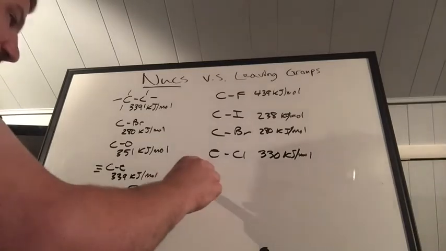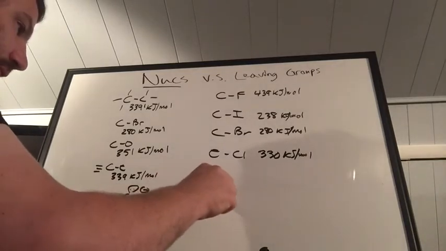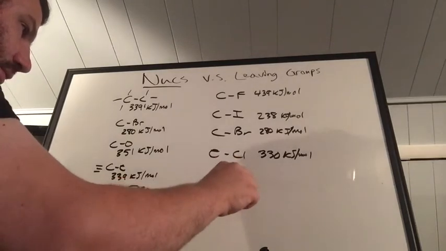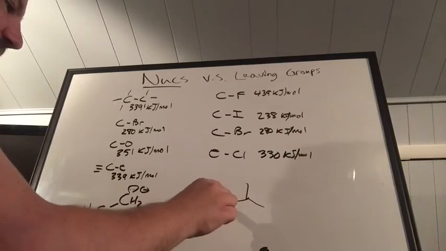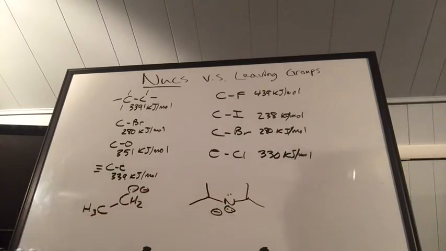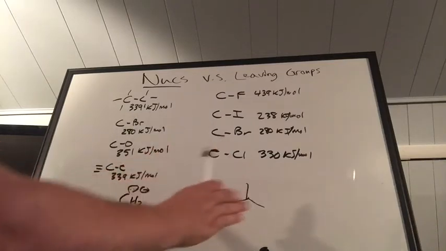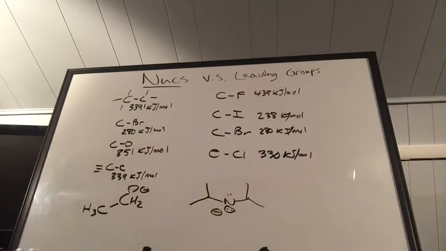But something like this, which is going to be the conjugate base of diisopropylamine, that is going to be not a very good nucleophile because it's so big, right? It's going to be better suited as a base.